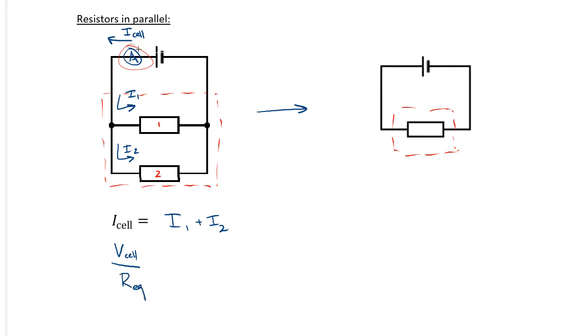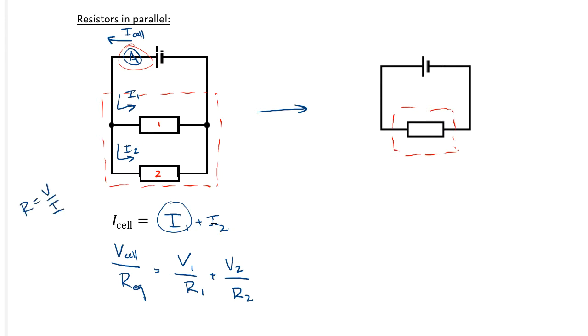In other words, the ammeter reading here is equal to the total potential difference across the cell divided by the equivalent resistance that it sees. That's going to be equal to V1 over R1 plus V2 over R2. I'm just replacing each of these by rearranging the relationship R is equal to V over I.